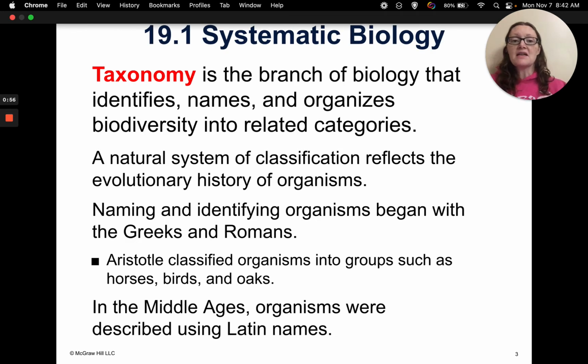So taxonomy is the branch of biology that identifies, names, and organizes biodiversity into related categories.